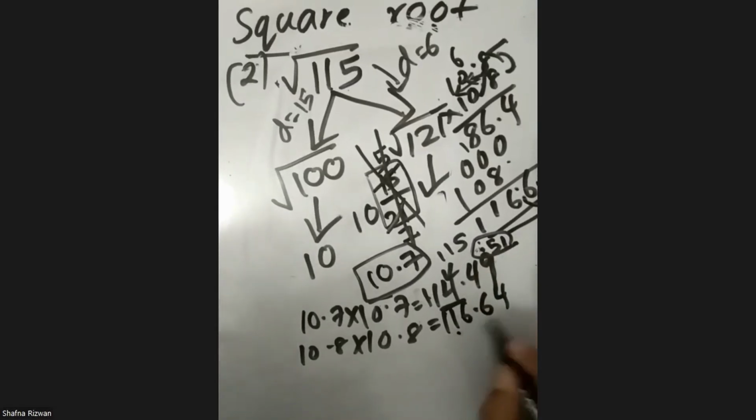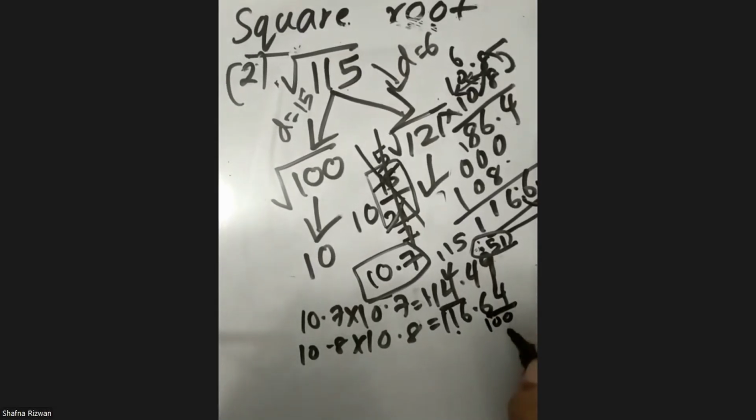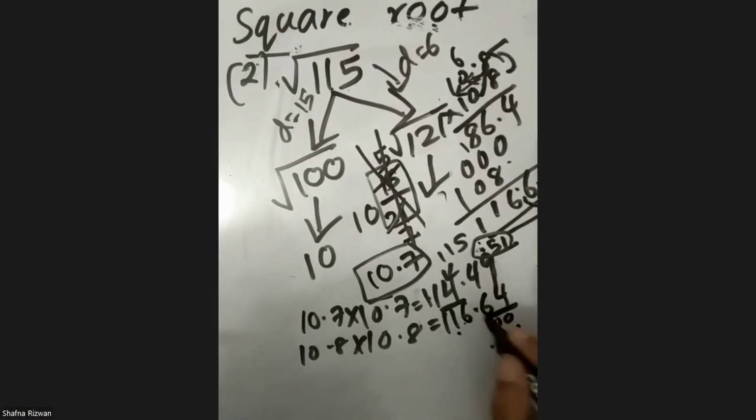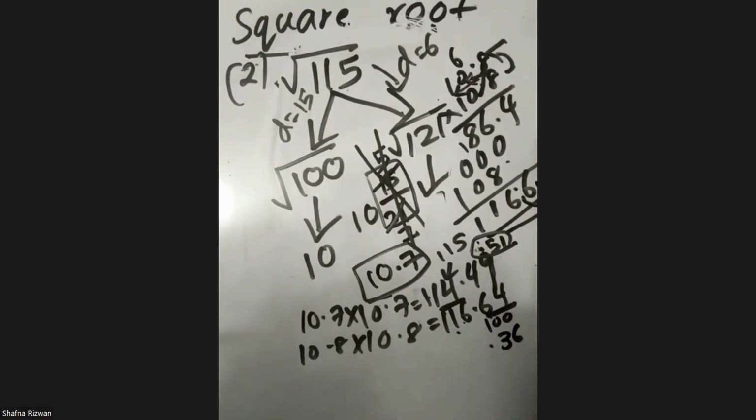Here 116.64 from 115, if you subtract the decimal part 64 from 100 first, how much are you getting? 36. So here 36. Here you are getting 1.36.